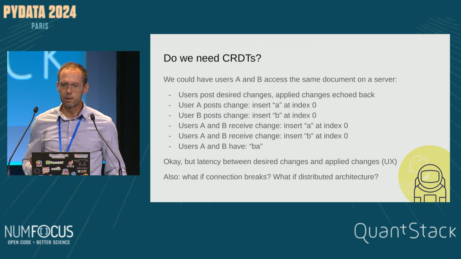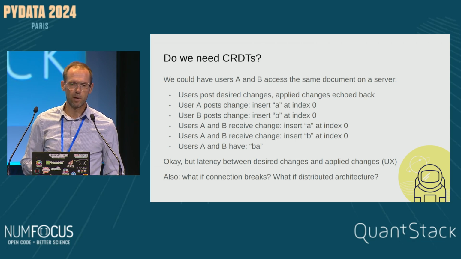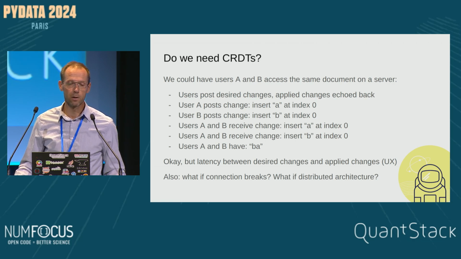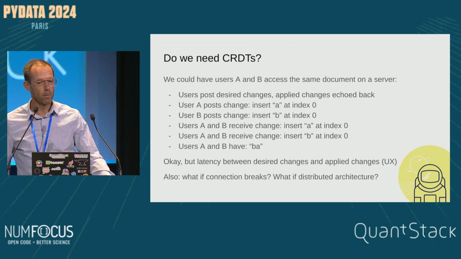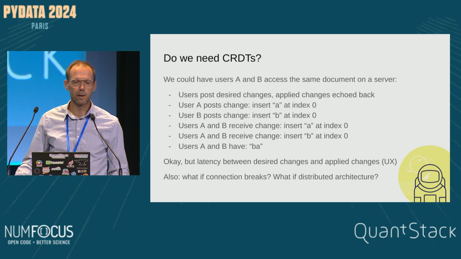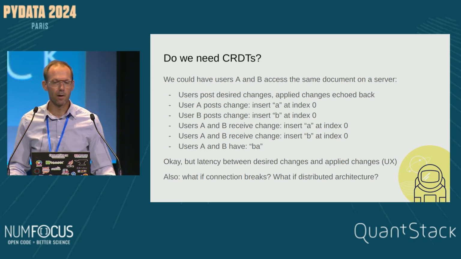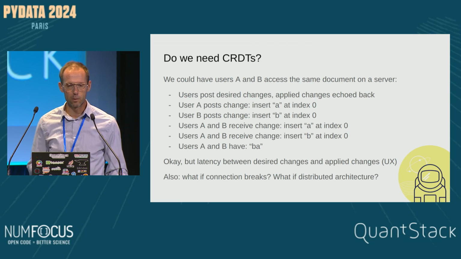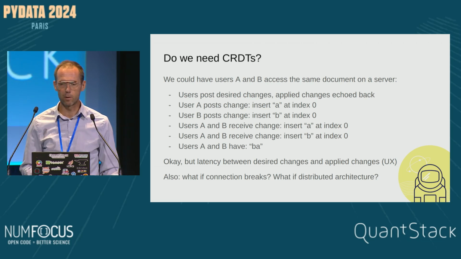And when they hear the reply back, they would both see insert A at index 0, insert B at index 0, and they would both have BA at the end of the day. So that works. It's not using CRDT, but it's got some issues like latency, because you need to wait for the reply back from the server in order to see what you are going to show on the screen, for example.